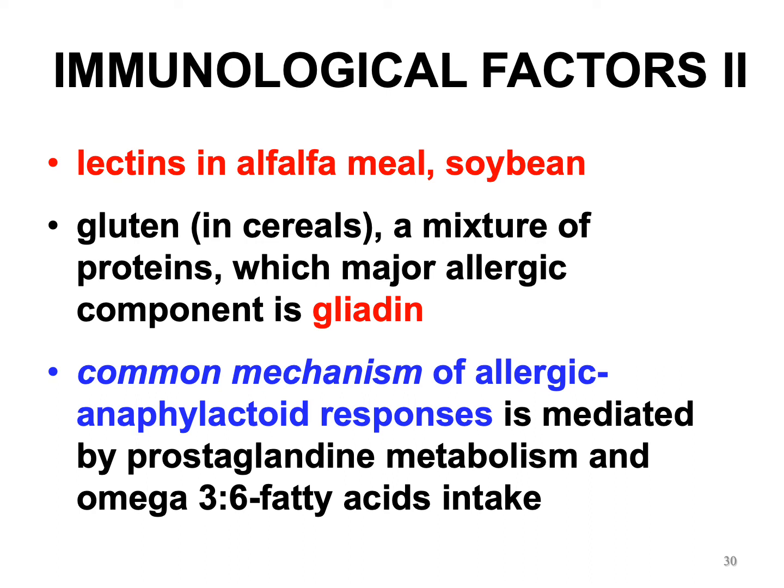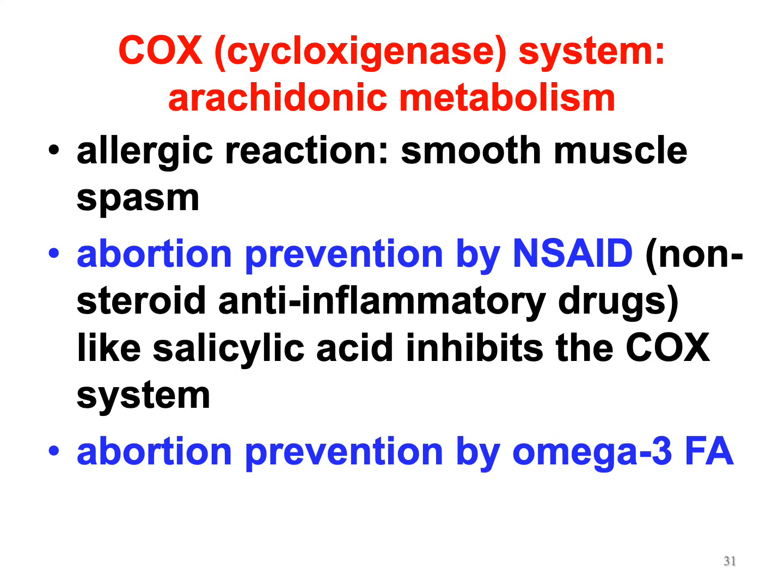And by this way, the COX system, the cyclooxygenase system, is affected, and it is pushed towards the direction of production of inflammatory prostaglandins and leukotrienes. And the allergic reaction is every time smooth muscle spasm, bronchospasm, uterus spasm, etc.